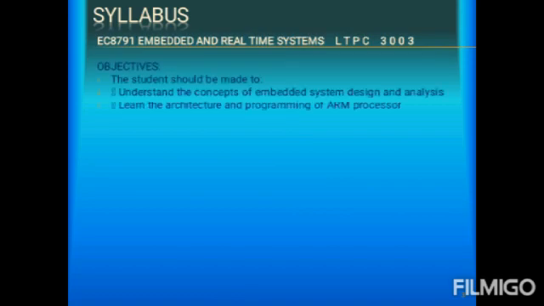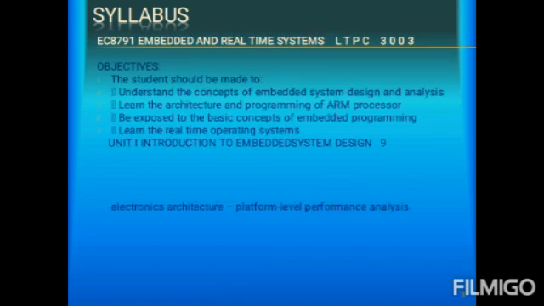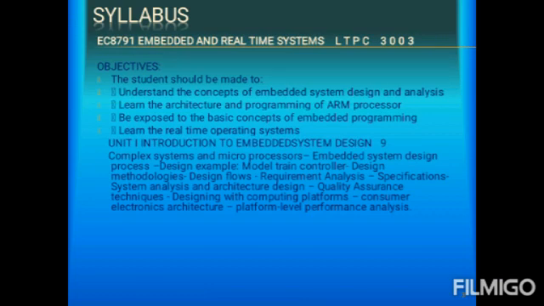Let me start with Unit 1, where we discuss the basic introduction to embedded systems. In this unit we discuss what an embedded system is, the goal of an embedded system, the characteristics of an embedded system, the design challenges we face, design methodologies, and the design process.